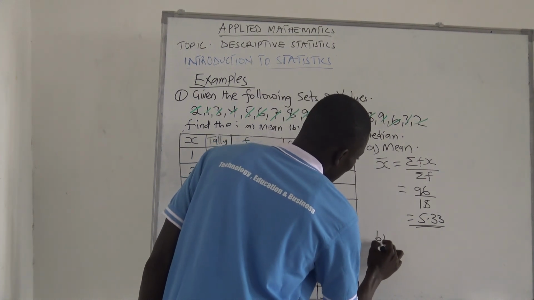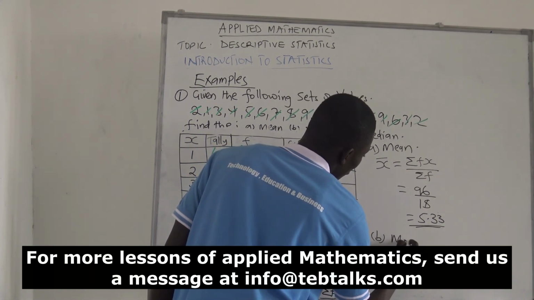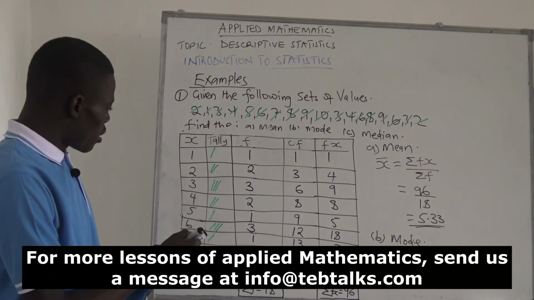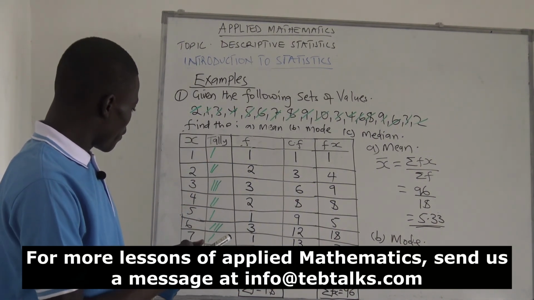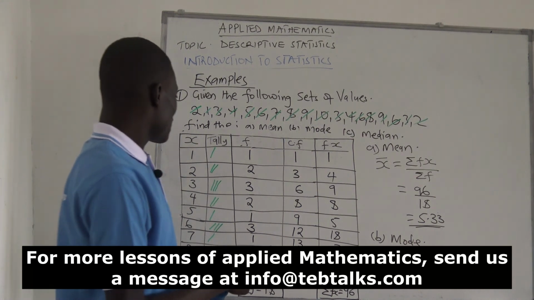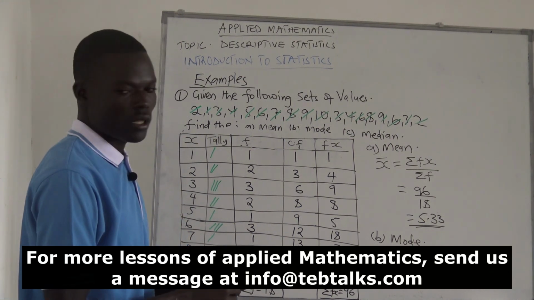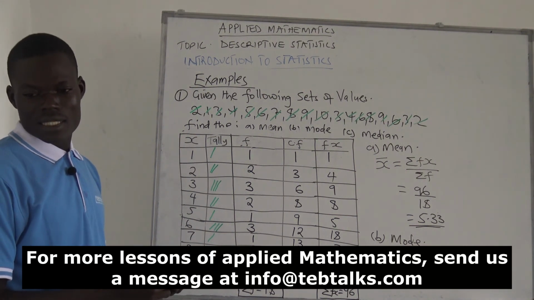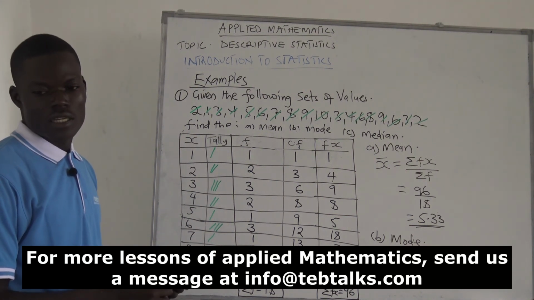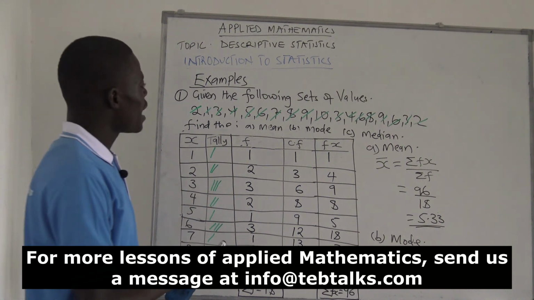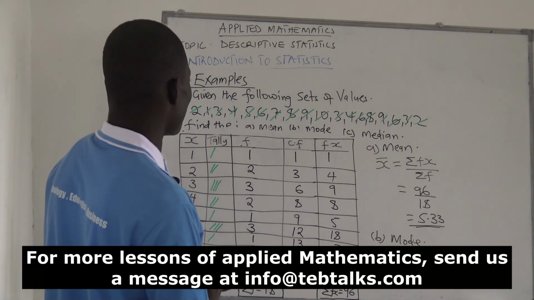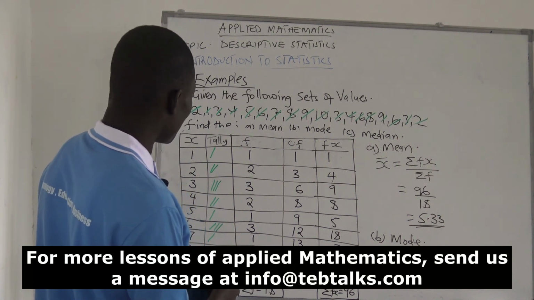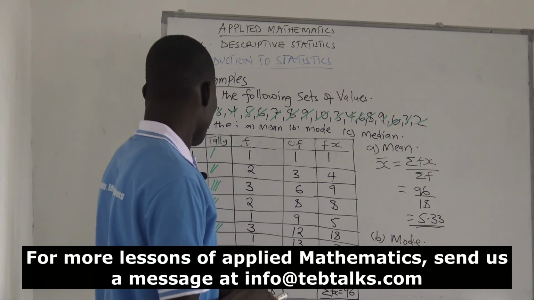Part B is asking for the mode. The mode, we said, is the number which appears most. Here we have two numbers appearing most, that is 6 and 3.